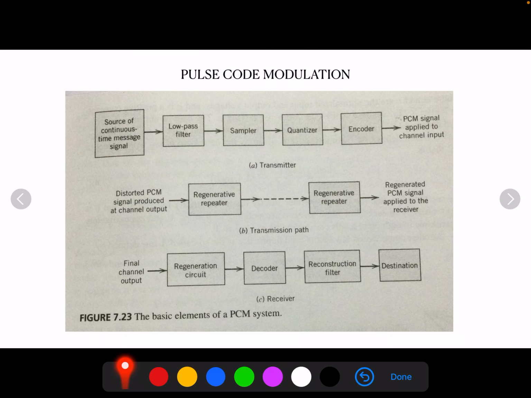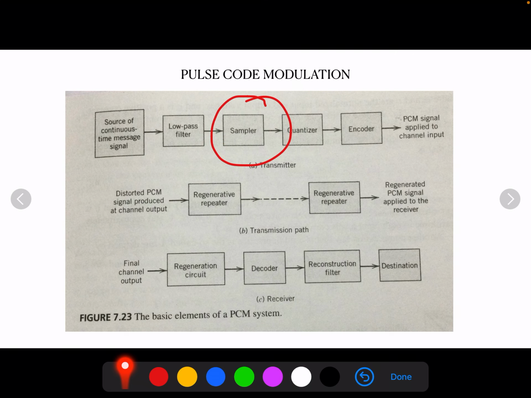The first is the sampling. The incoming message signal is sampled with a train of narrow rectangular pulses so as to closely approximate the instantaneous sampling process.